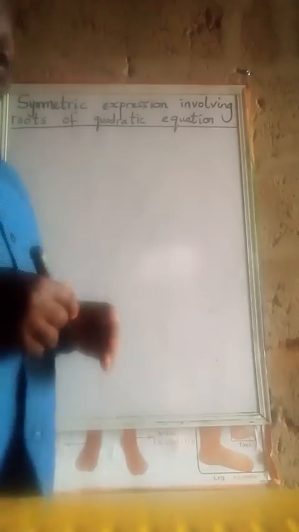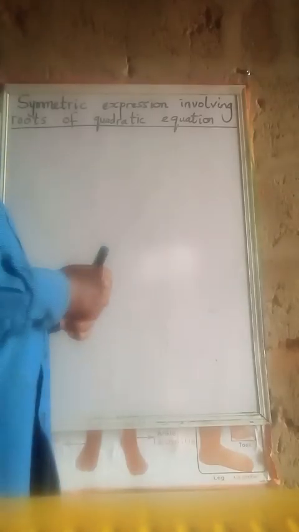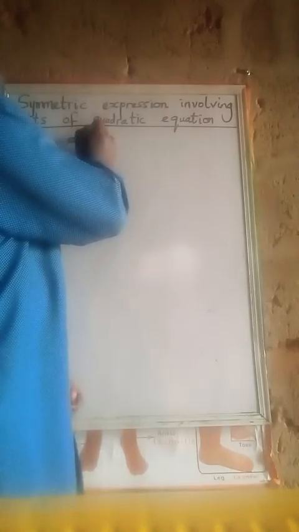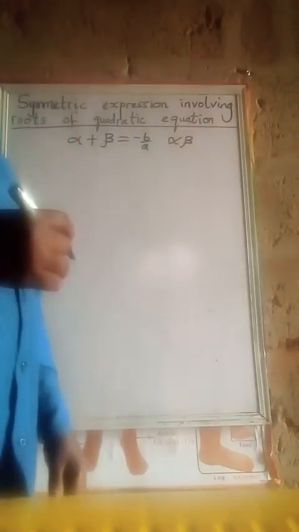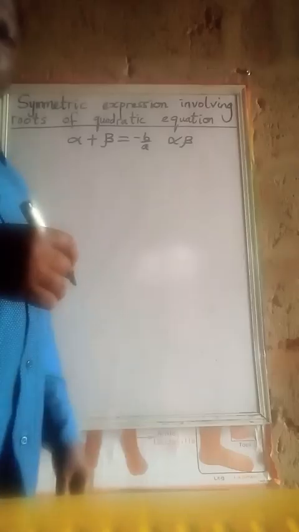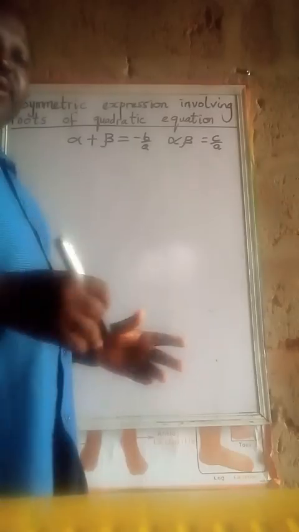From there, we were able to derive alpha plus beta, that is the sum of roots of a quadratic equation, is equal to minus b over a. And we also derived alpha beta, meaning the product of roots of a quadratic equation, is equal to c over a.